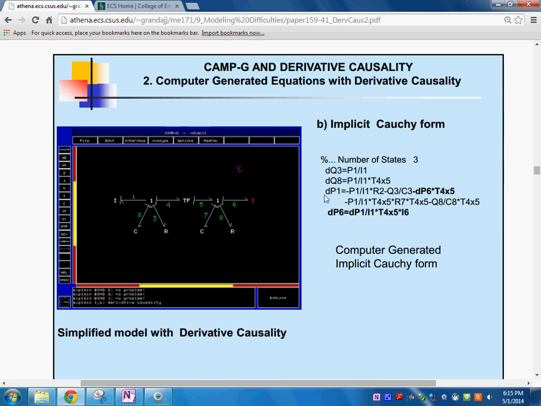So now we are left with a challenge here. If we have this Cauchy form, what can we do to first get all the derivatives on the left-hand side? And second, what kind of mathematical transformations do I need to make?